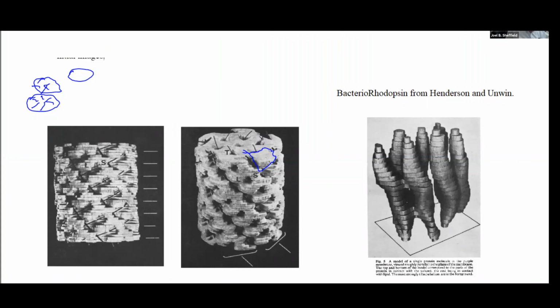And at the same time this was developing, a group involving Henderson and Unwin, names you'll see again for the next Nobel Prize, put together a similar sort of model of the embedding of bacteriorhodopsin in the membrane.